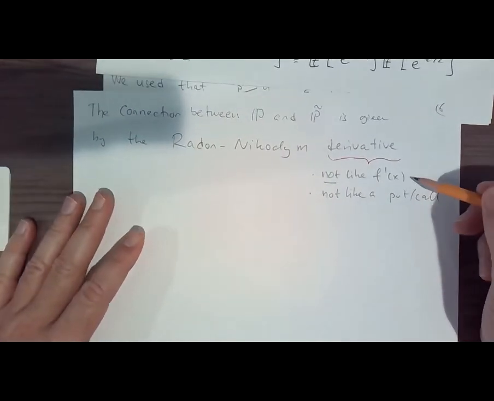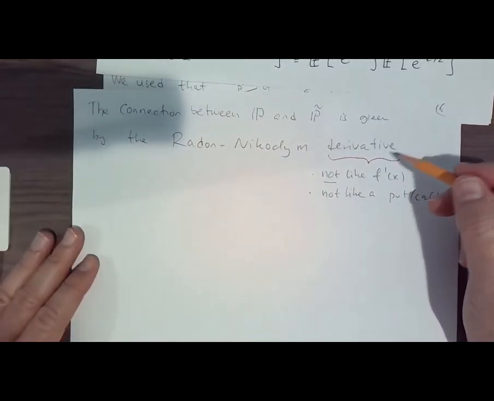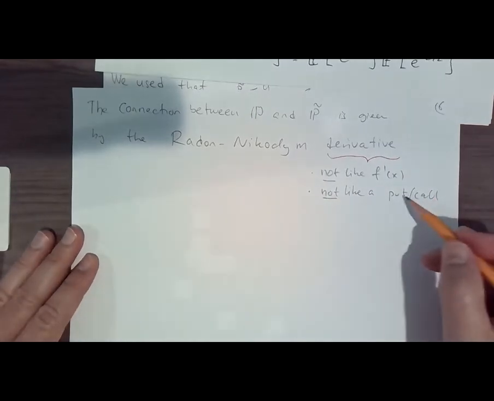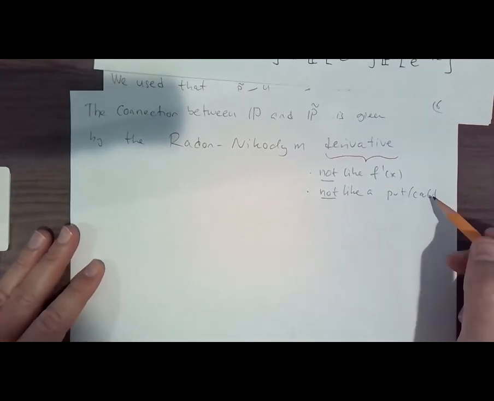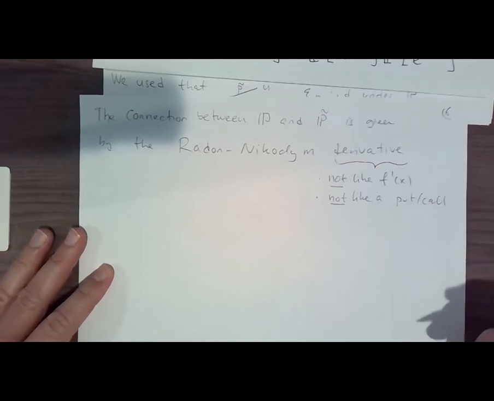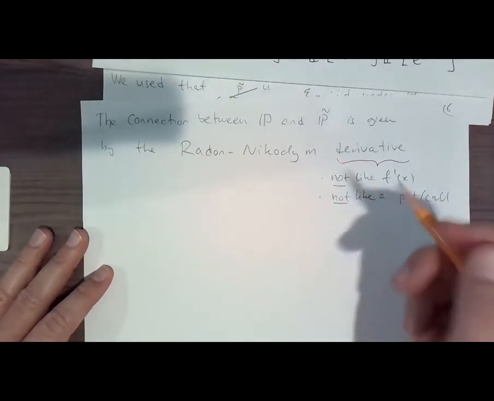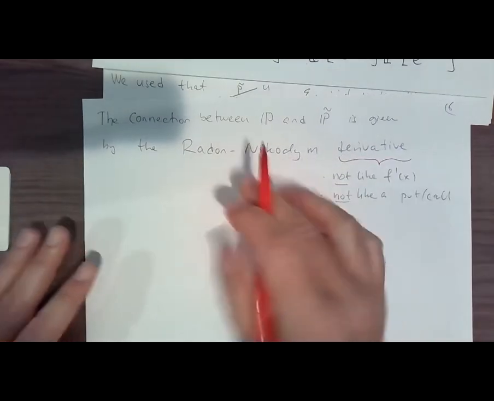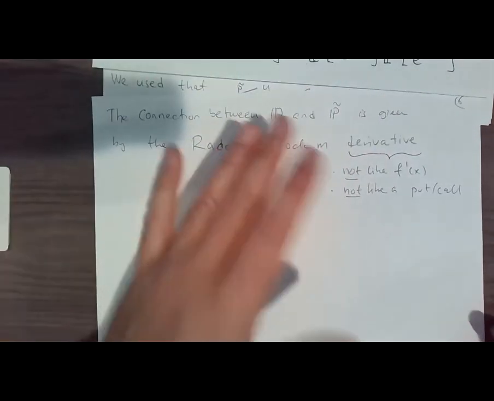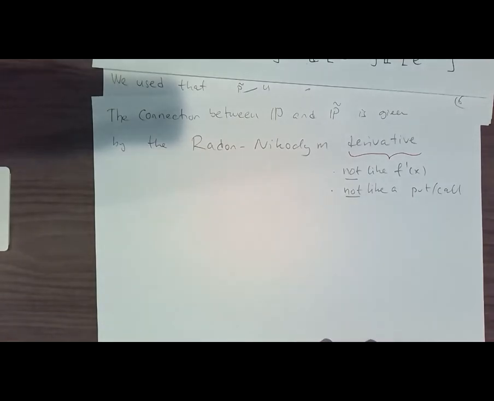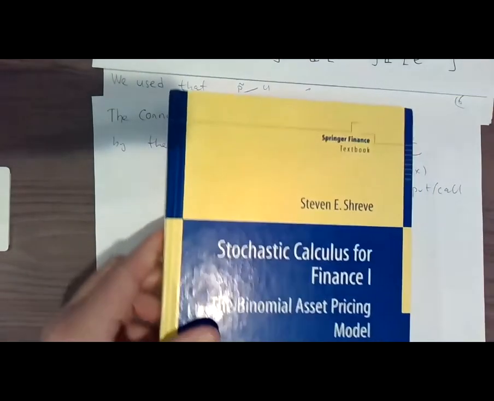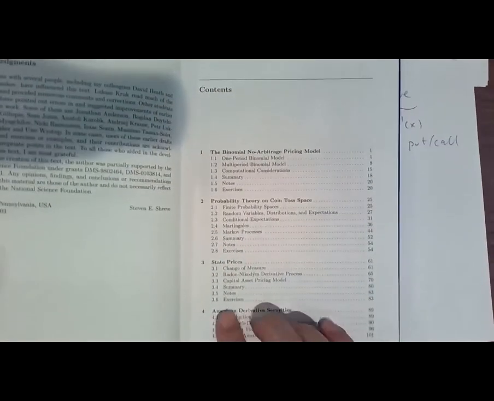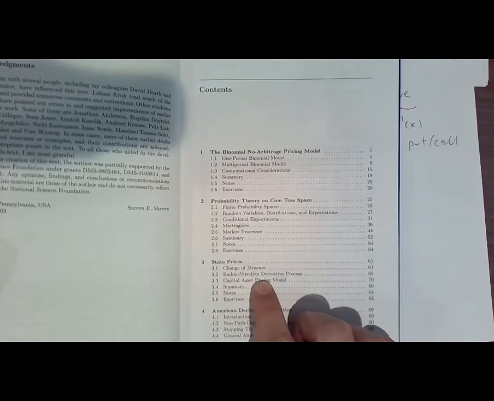Because f prime is also something that we call a derivative, and we talked about put and call options and called those derivatives as well. So here's a third use of the word derivative. And this Radon-Nikodym derivative is in its own category. It's just called the Radon-Nikodym derivative. If you switch over to the first book, this is where you'll see the title of that section, where you find the word Radon-Nikodym derivative.